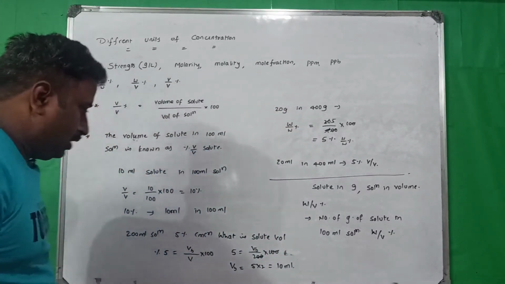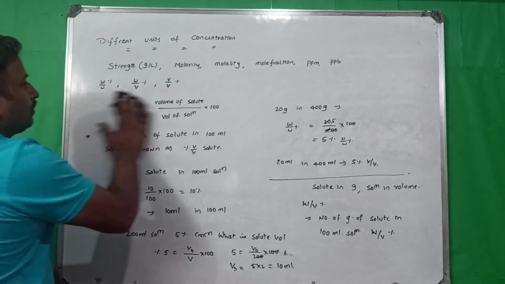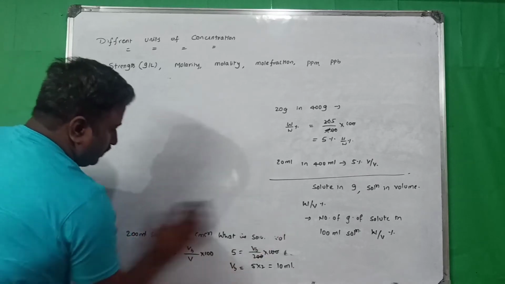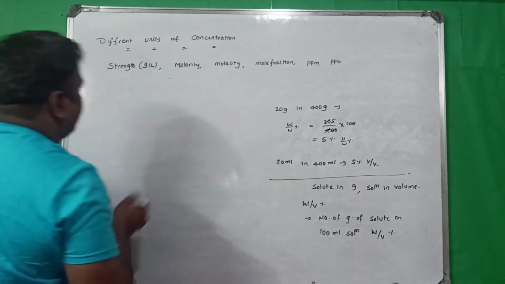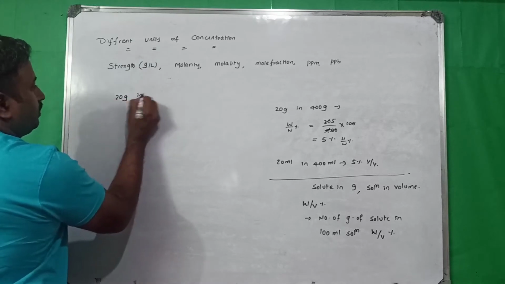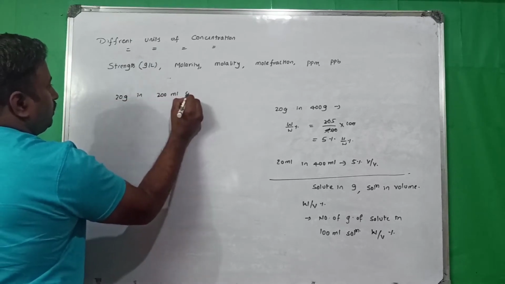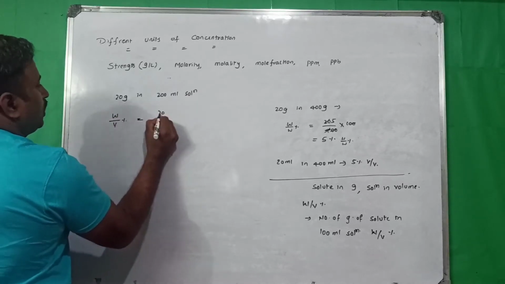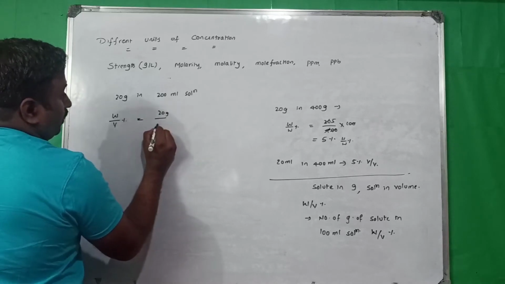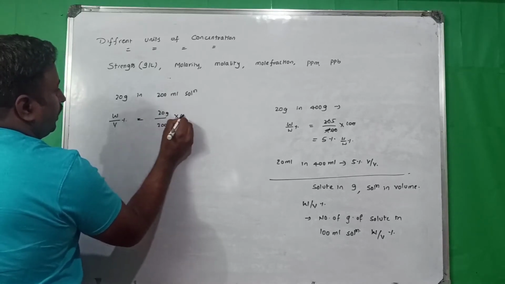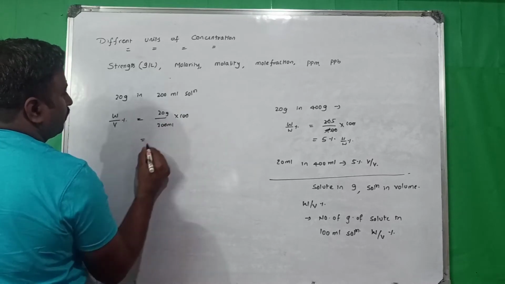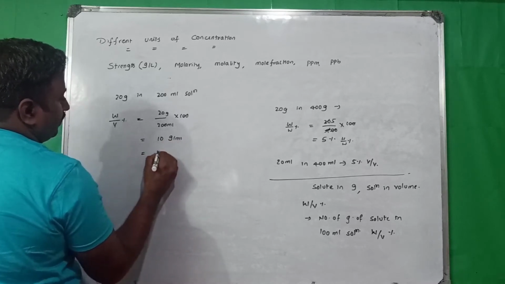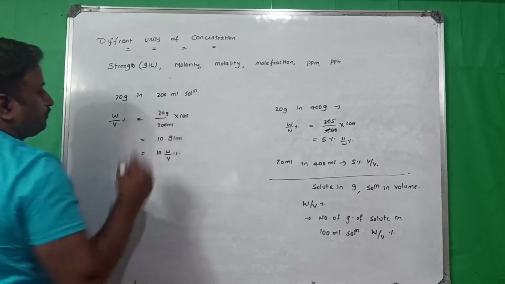Now if you take 20 grams in 200 ml solution, then weight by volume percentage is equal to 20 grams upon 200 ml into 100, which is 10 gram per ml percentage. This is weight by volume percentage.